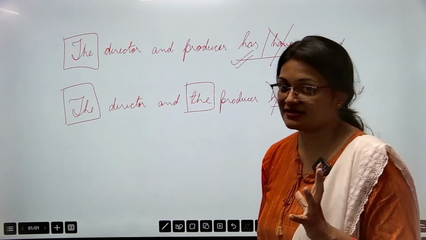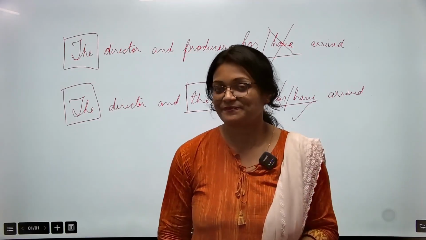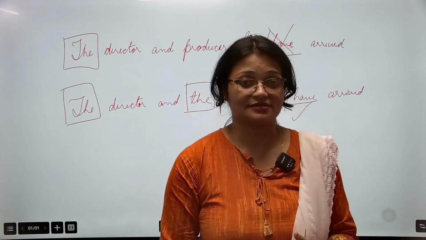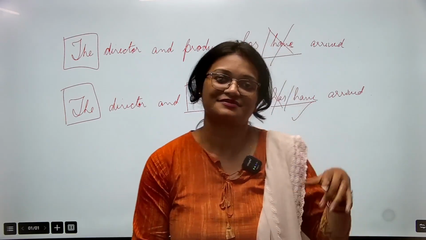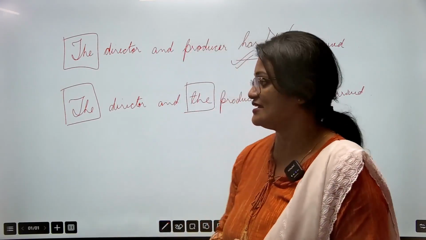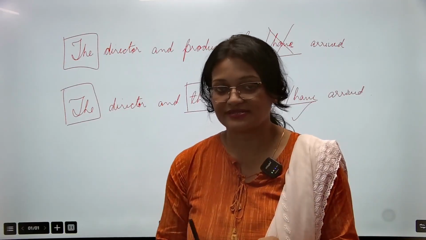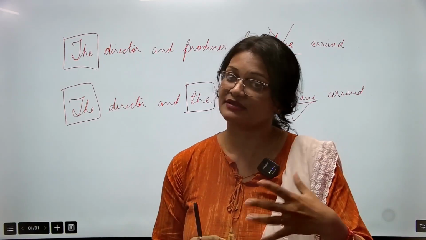Now, how do we remember these things? We don't have to. It's easy to understand. Firstly, when we are using only one article, one is singular, so use a singular verb. Let's understand the meaning as well. The same person is the director and the producer. One person can become the director as well as the producer, right?